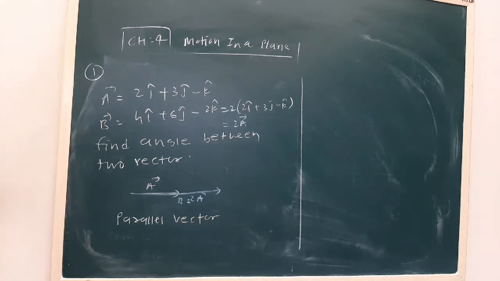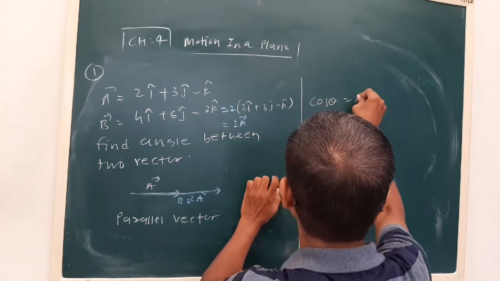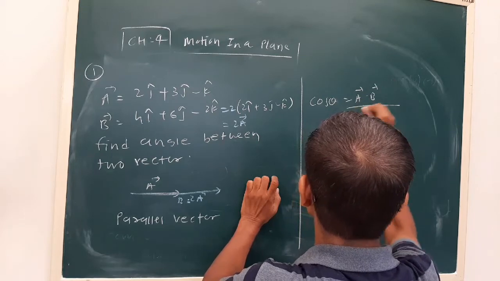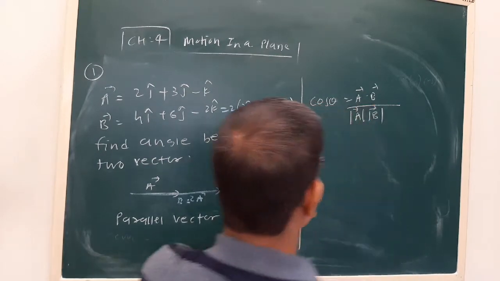Another method is by finding out the angle. The formula is cos theta is A dot B upon AB.